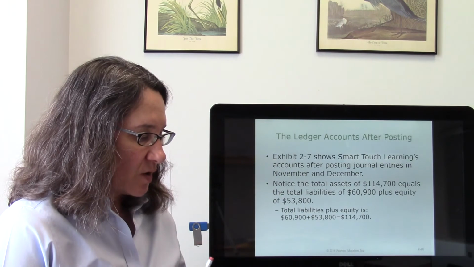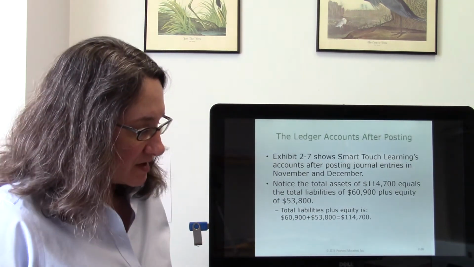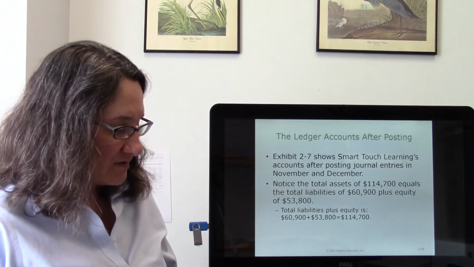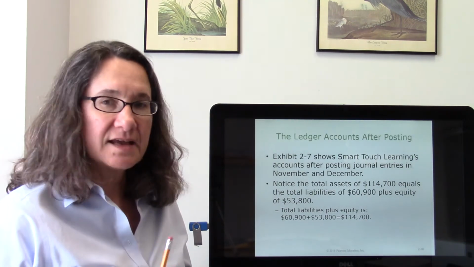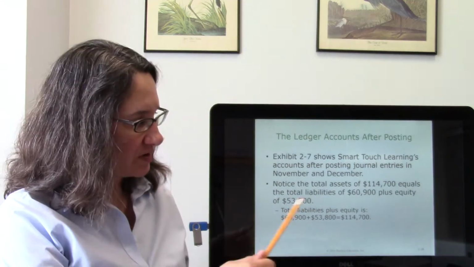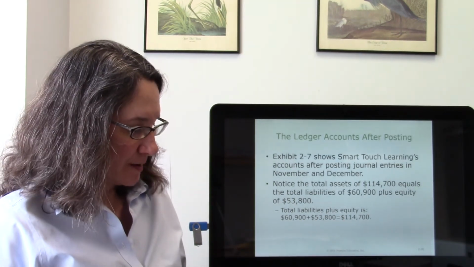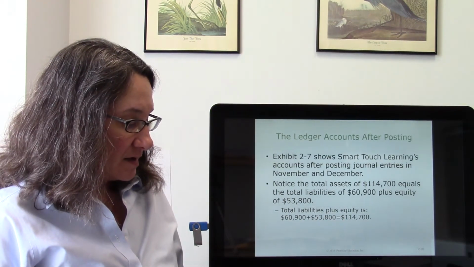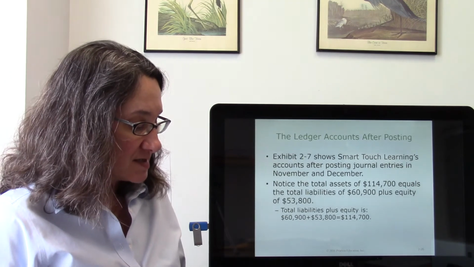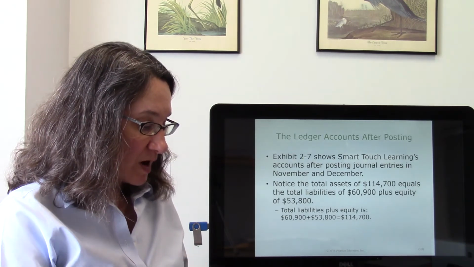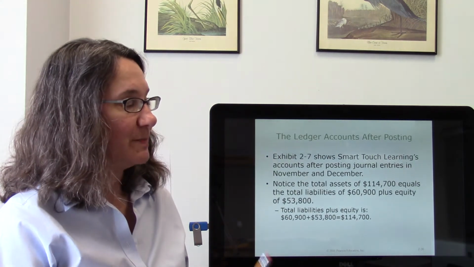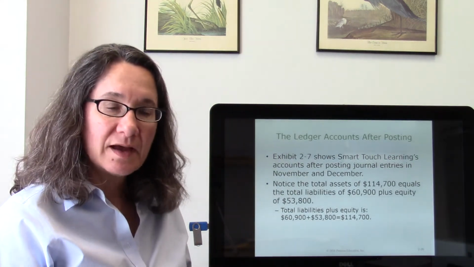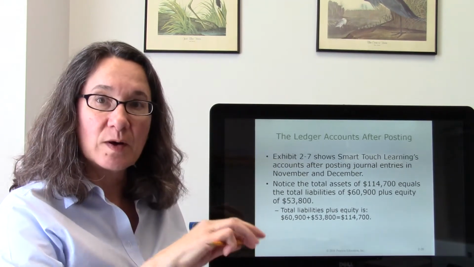If you look at Exhibit 2-7 in the book, on page 76, it depicts ledger accounts, and we'll look at that on the next screen. But what you want to notice is that after we've posted everything to the ledger, now we can look at the balances, total them up, and we can see that our equation holds.